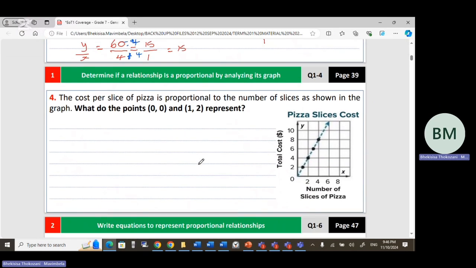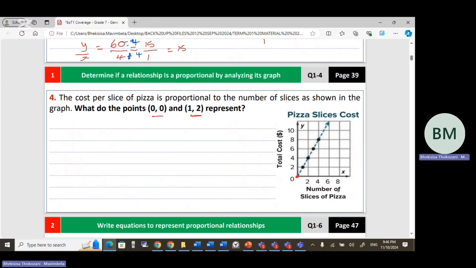And the cost per slice of pizza is proportional to the number of slices as shown in this graph. So here it's about explanation. You have to explain what these points represent. Now we look at 0 is to 0. So this point here, we want to know what it means.